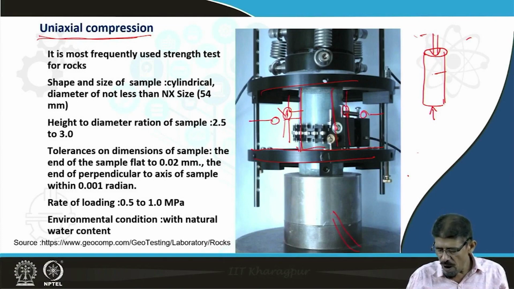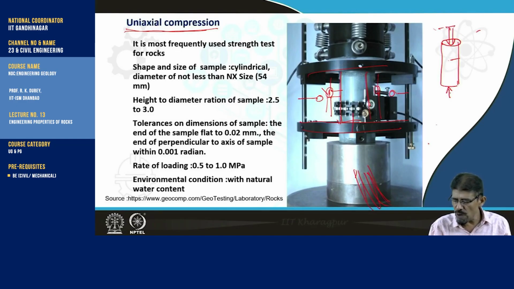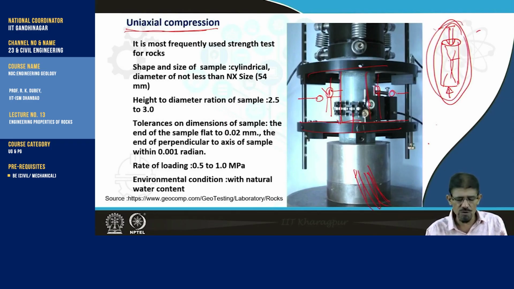Through oil push, this platen starts moving up, which applies load on this, and at a particular value of the load, the sample starts showing development of discontinuities, and this stage we recognize as failure.